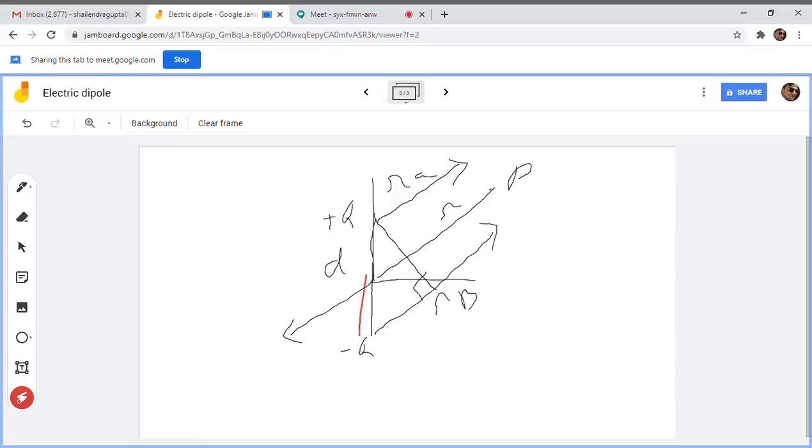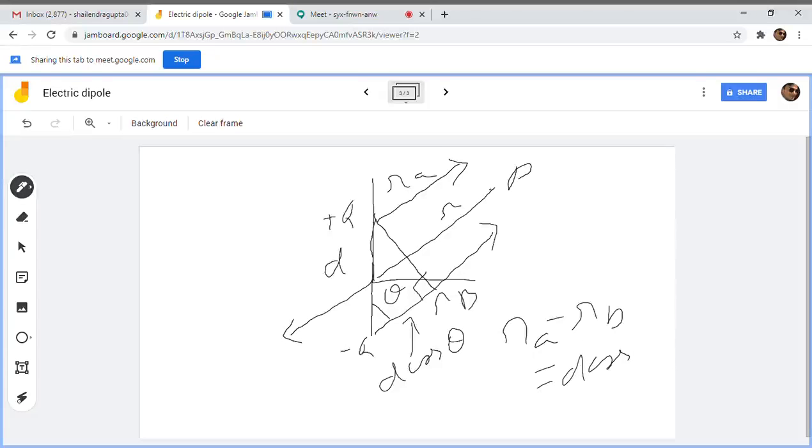And if this is d and this is theta, then this can be termed as d cos theta. So now we know that Ra minus Rb is equal to d cos theta.